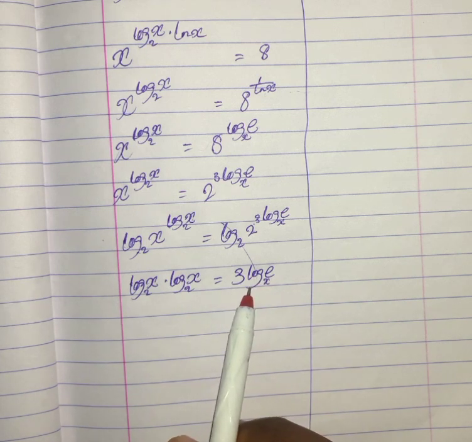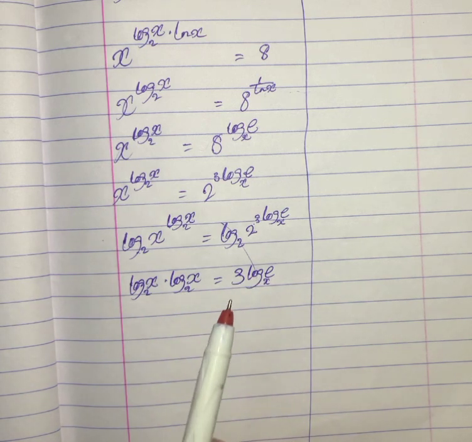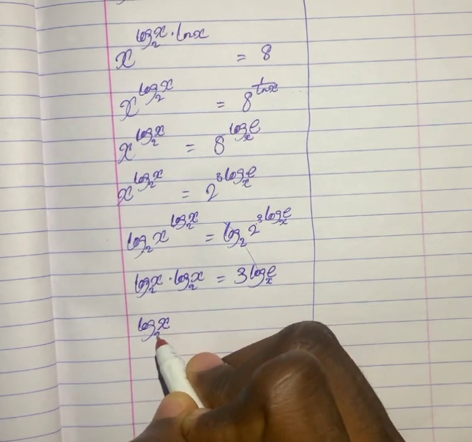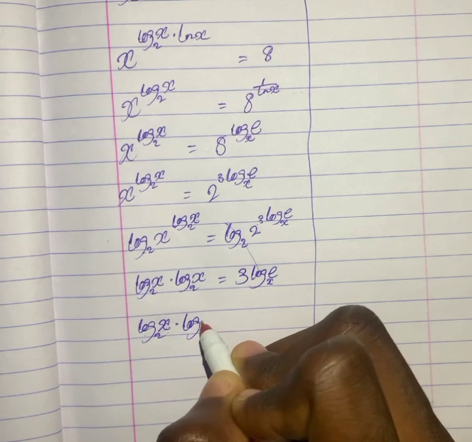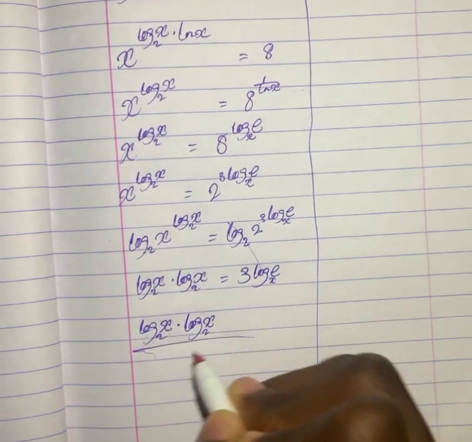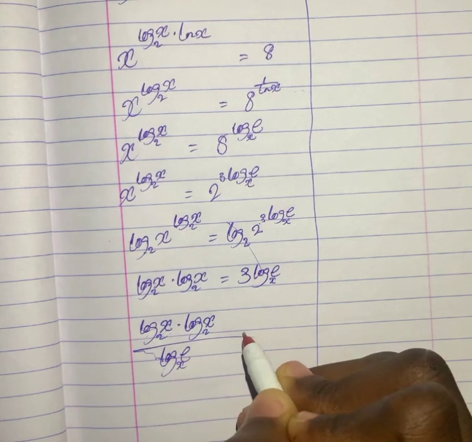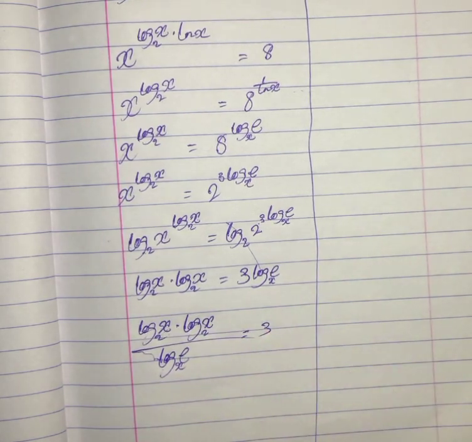Now we can also divide both sides by log e base x. So we have log x base 2 times log x base 2 all over log e base x equals 3.